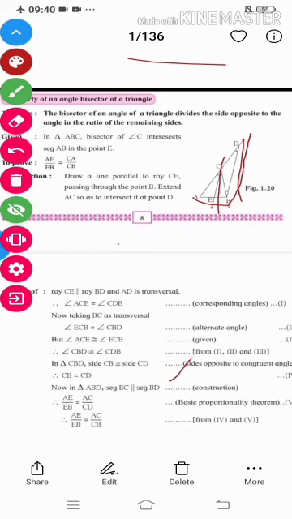Therefore, AE upon EB is equal to AC upon CD by the basic proportionality theorem. Therefore, it is proved that AE upon EB is equal to AC upon CB.